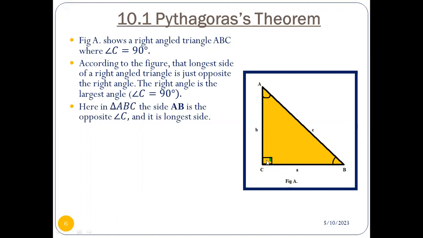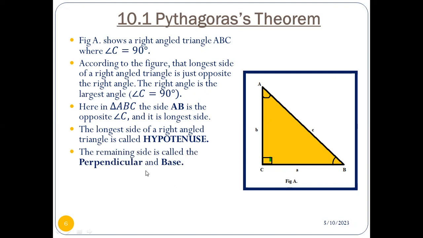Next, in triangle ABC, the side AB is opposite angle C, and it is the longest side. This longest side of a right angle triangle is called the hypotenuse, and it is represented by small letter c. What about the remaining two sides, side BC and side AC?